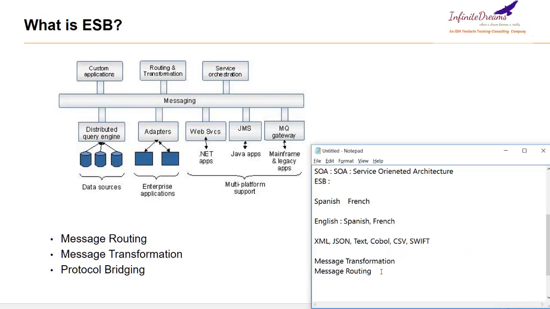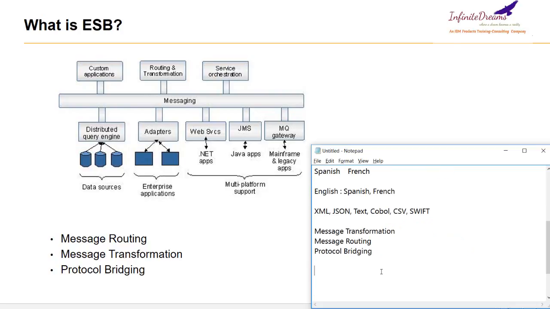Now the third major capability is protocol bridging. Before understanding this capability, we should understand what a protocol is. Whenever we deliver a message from one system to another system, how is that message going to be delivered? Protocols are the set of rules which help to send a message from one system to another.